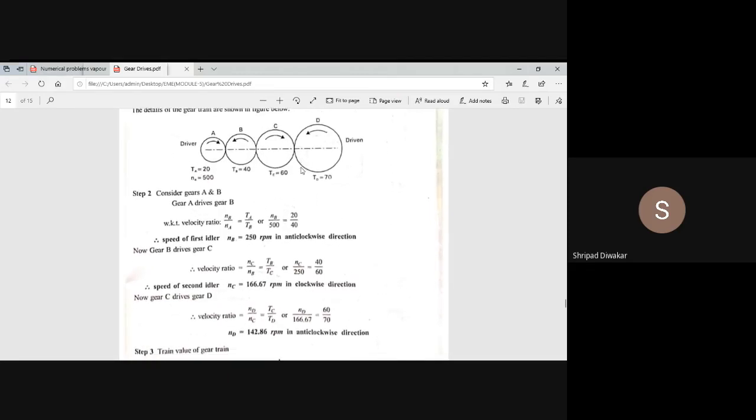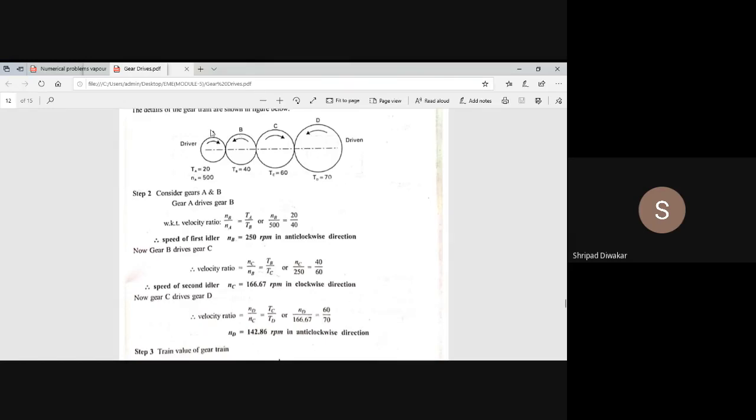Next, how to find the velocity ratio. Because the idler gears are given, you can apply the velocity ratio formula: NB divided by NA equals TA by TB. Always take it inversely proportional.